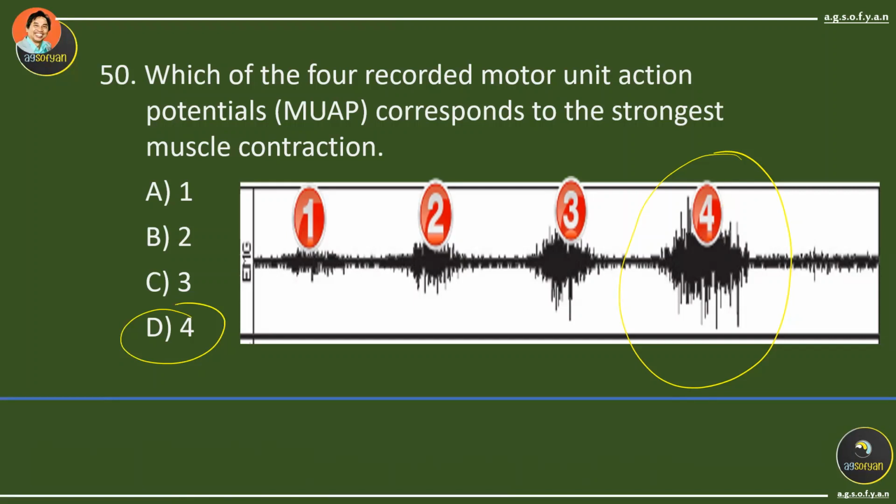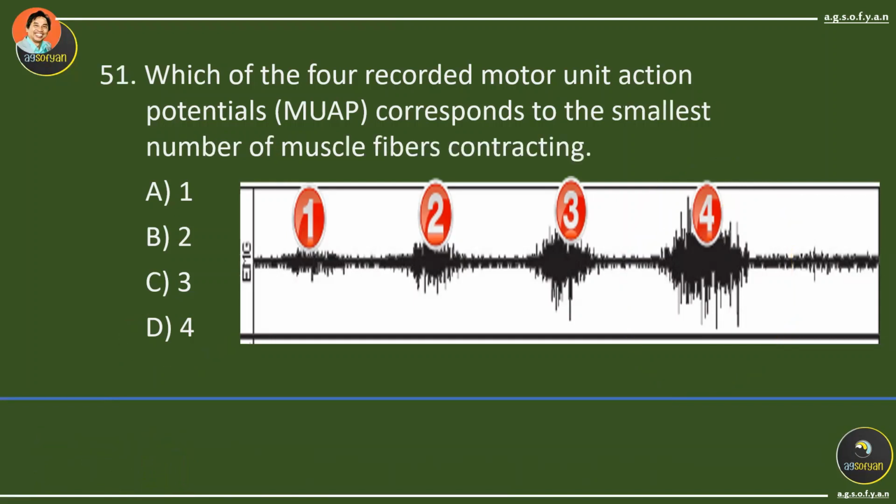And it is graph number 4 over here. So which of the four recorded MUAPs corresponds to the smallest number of muscle fibers contracting? Okay, of course, it's going to be this one. And that's the weakest contraction.